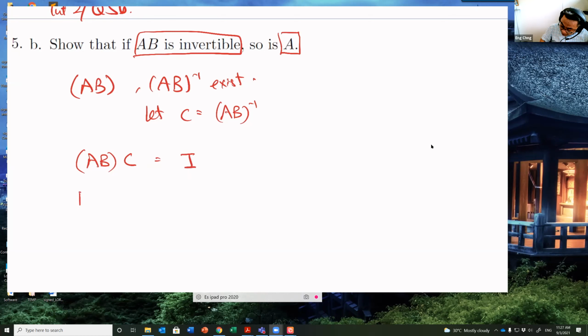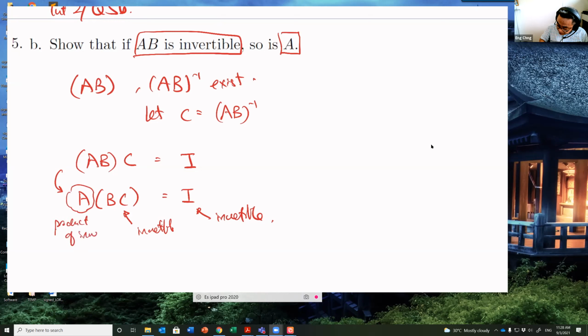But what does that mean? By the associative rule, I change the order of the bracket. This is invertible, of course, because it's the identity. C is invertible. Okay, but to get an invertible matrix, it must be a product of invertible matrices.